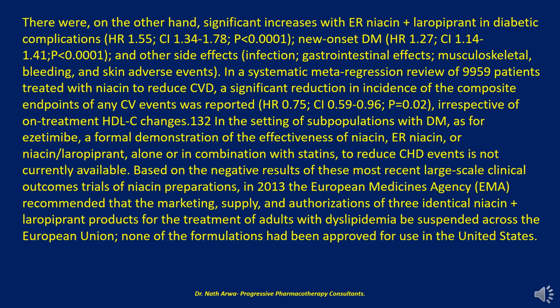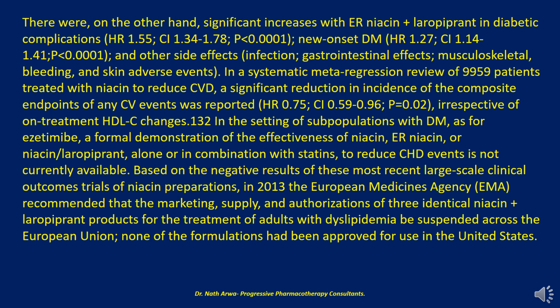New onset diabetes mellitus, hazard ratio 1.27, with a 95% confidence interval of 1.14 to 1.41, with a p-value less than 0.0001, and other side effects, infection, gastrointestinal effects, musculoskeletal, bleeding, and skin adverse events.